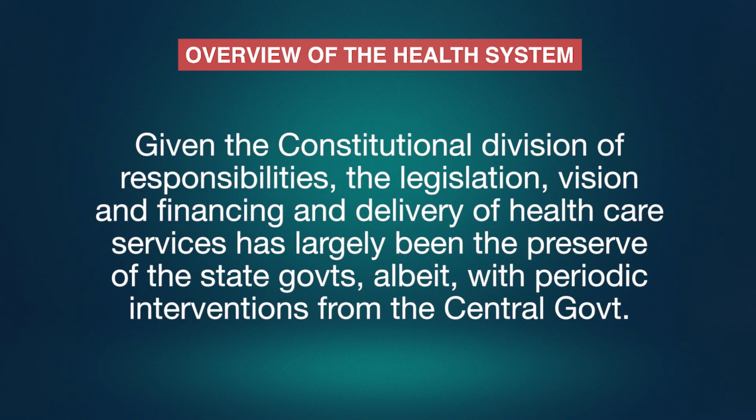Given the constitutional division of responsibilities of health care, legislation, vision, financing and delivery of health services have largely been the preserve of the different state governments, albeit with periodic interventions from the central government.